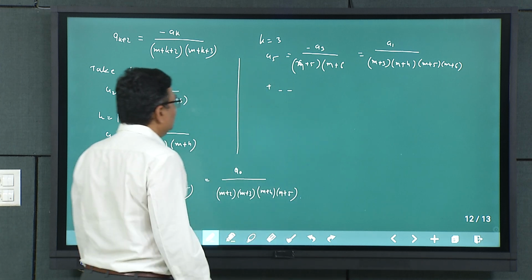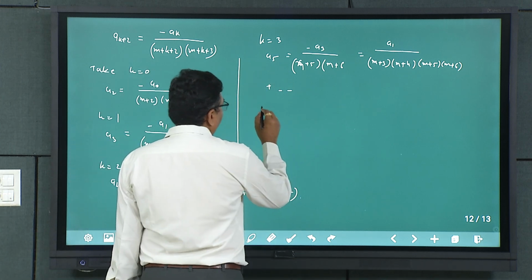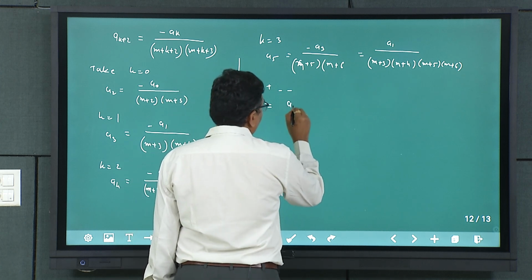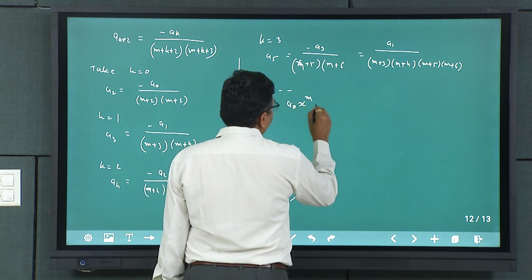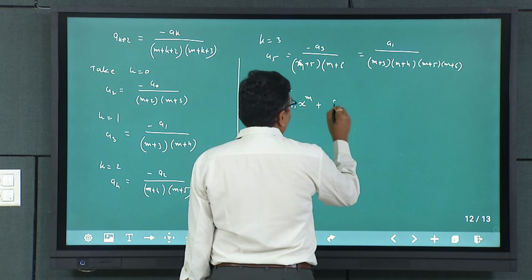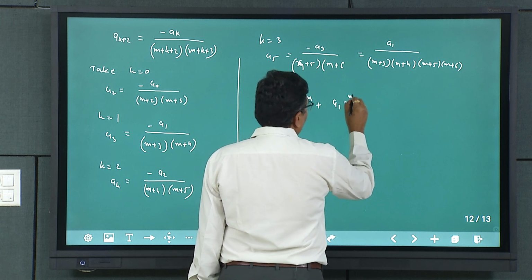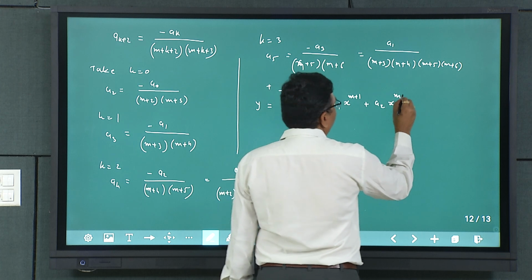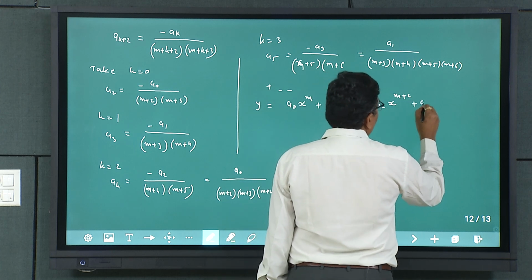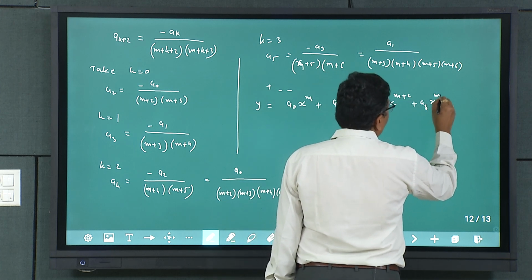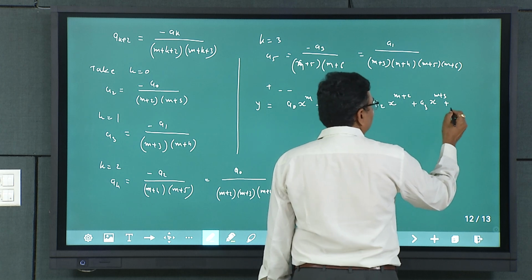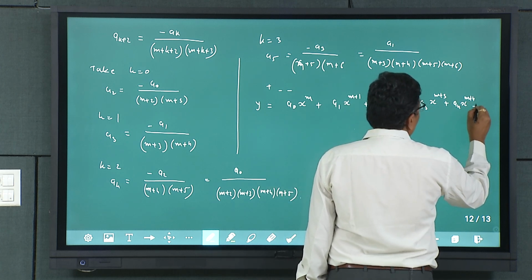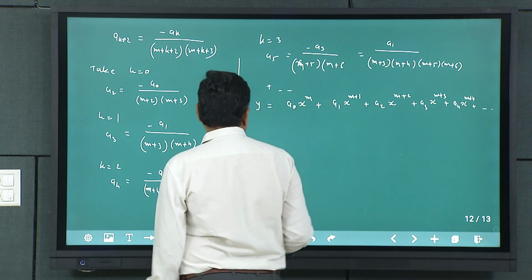Okay. Now my y is equal to A0 into x raised to power m plus A1 x raised to m plus 1 plus A2 x raised to power m plus 2 plus A3 x raised to power m plus 3 and so on, A4 x raised to power m plus 4 and so on, right.